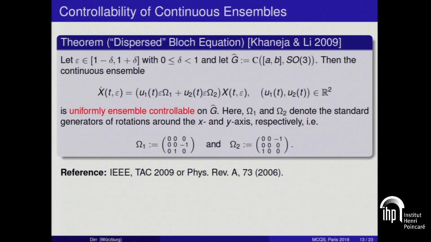The group they are looking at is the group of continuous functions with values in SO(3). They have two control terms, these standard generators of rotations around the x and the y-axis, and then they could show that this system here is approximately uniform ensemble controllable.